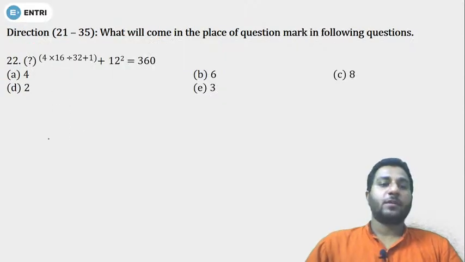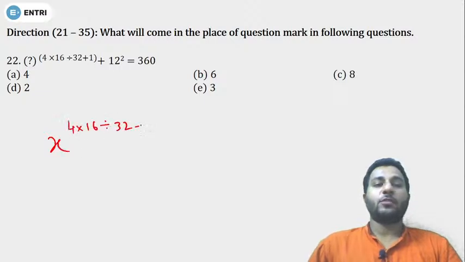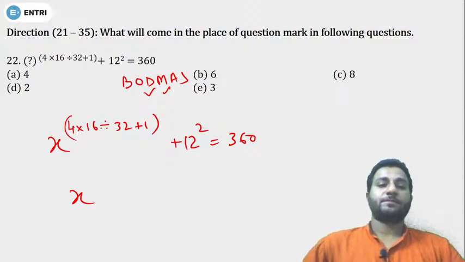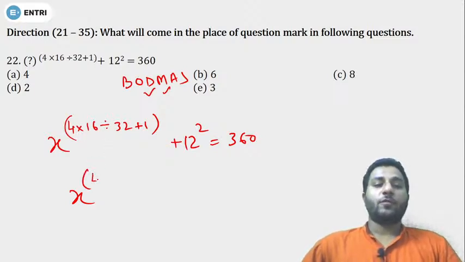Next one. The question says 4 into 16 divided by 32 plus 1, x cube plus 144 is equal to 360. Now look at this. First of all, according to BODMAS rule, division comes first, then multiplication. So first we need to figure out the division process. Okay. Now, so 4 into 1 by 2 plus 1.